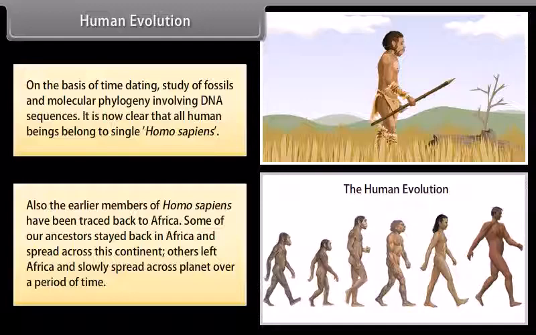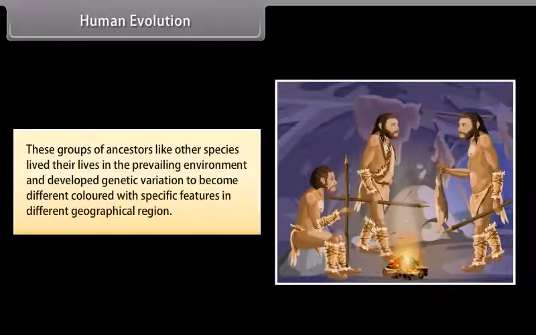Others left Africa and slowly spread across the planet over a period of time. These groups of ancestors, like other species, lived their lives in the prevailing environment and developed genetic variation to become differently colored with specific features in different geographical regions.